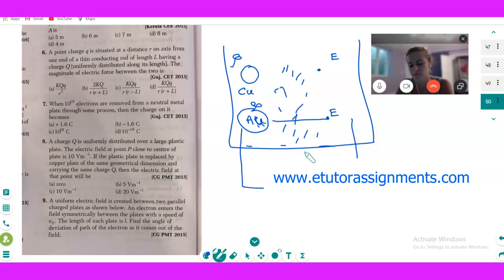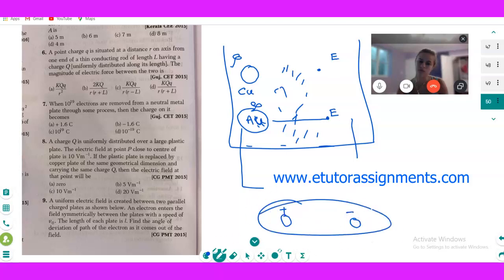Equal charges, but they are opposite sign, positive and negative. Dipole means this is the positive, this is the negative. It becomes a dipole. Is it clear? Okay, please put the question now.